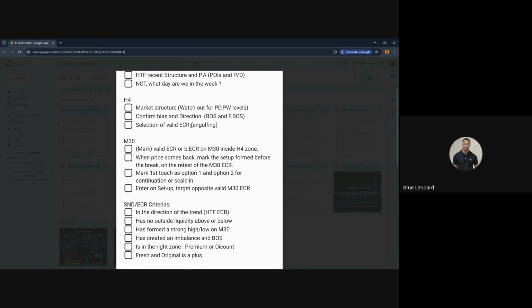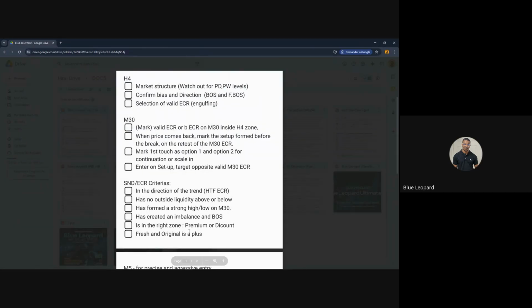You look for the first one that will sweep and respect all these criteria: sweep liquidity, no liquidity below it, break structure and create imbalance, and is in the right zone, premium or discount, and is also in the same direction as your H4 and the daily, which is the higher time frame ECR.